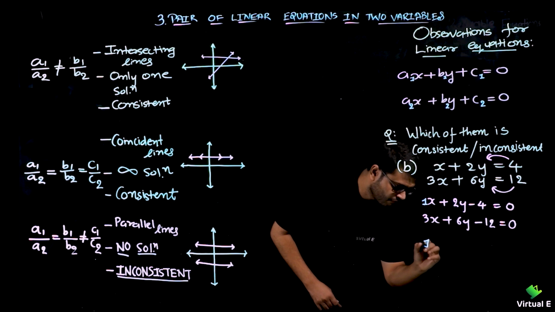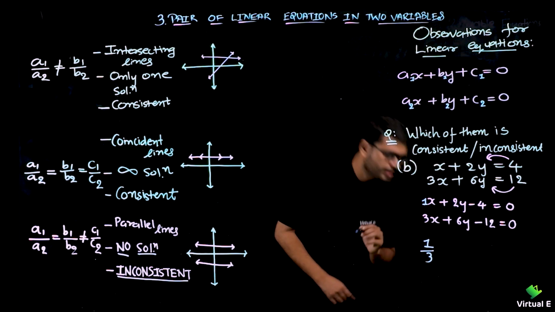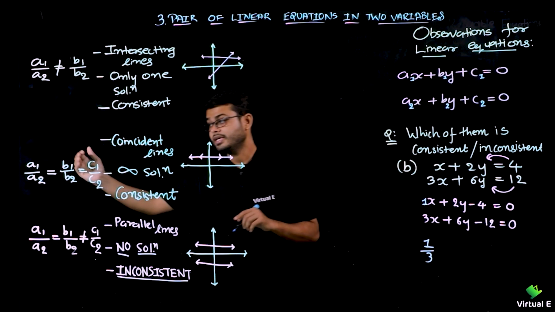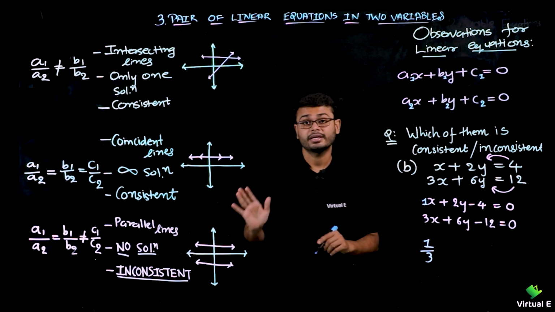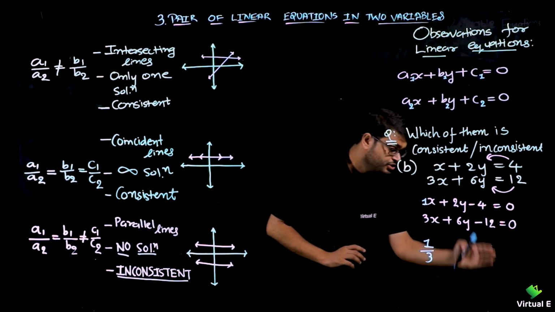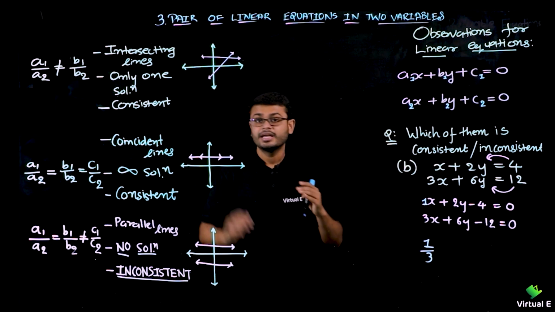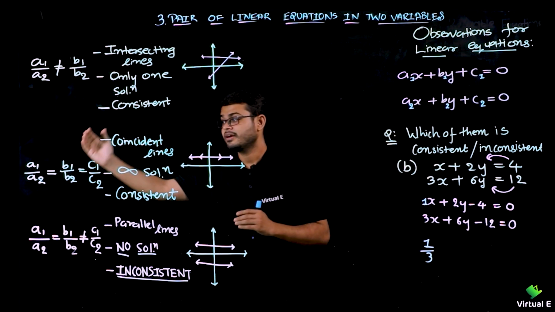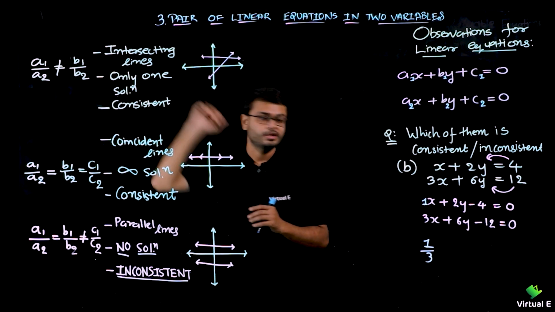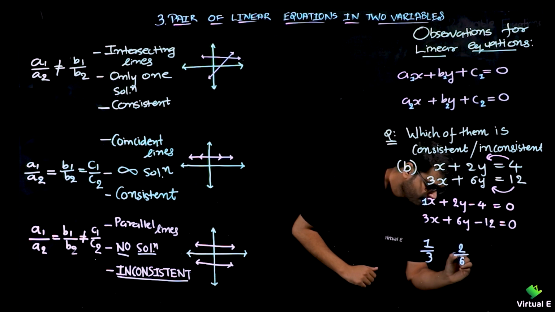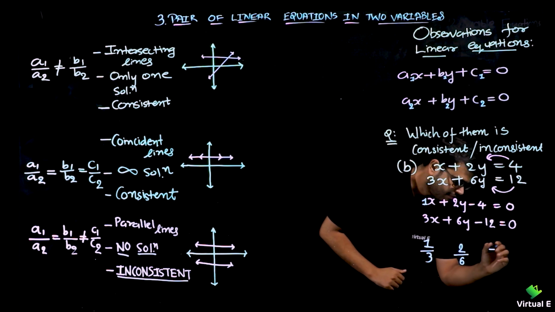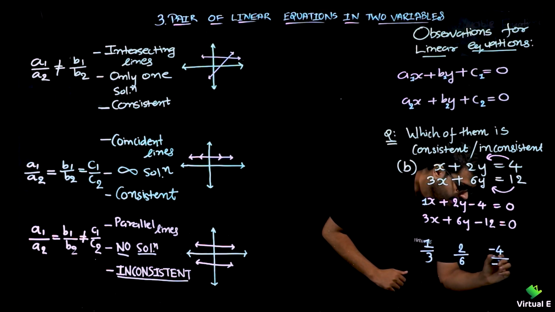So I can write 1 over 3. I told you, do not write the equal to sign or not equal to sign anywhere. First we will only take ratios, we'll simplify them, then we will decide whether they are equal or not equal. So next is 2 over 6, here minus 4 over minus 12.